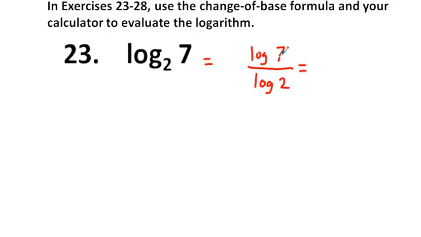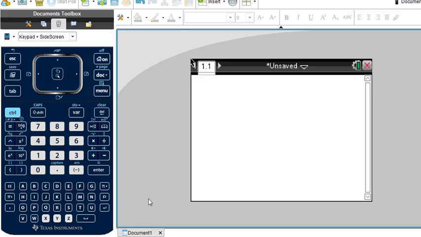And so we can go to our calculator. I happen to have this TI-Nspire CX calculator that can evaluate the actual log.